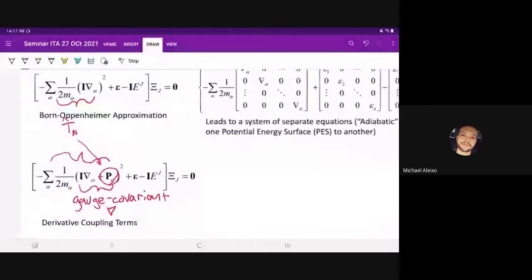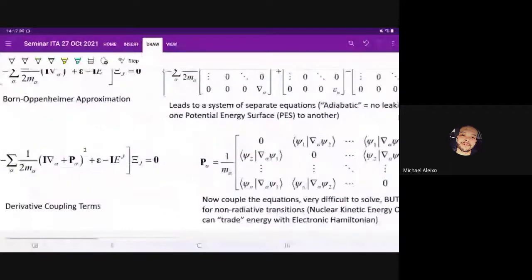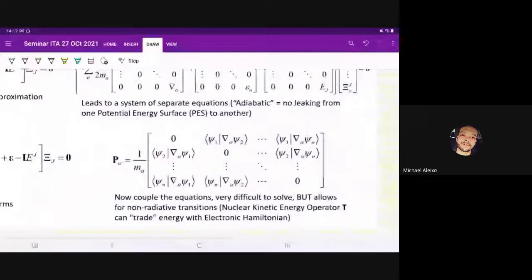Okay, so we add this P matrix full of the derivative coupling terms, and what that P matrix looks like is it's got zeros on the diagonal. On the off diagonal, we still have these dels, these derivatives with respect to nuclear coordinates, but they're actually taking derivatives of the electronic wave function.